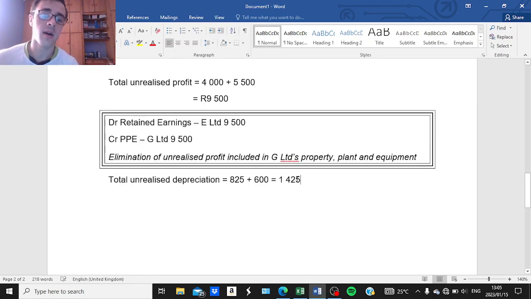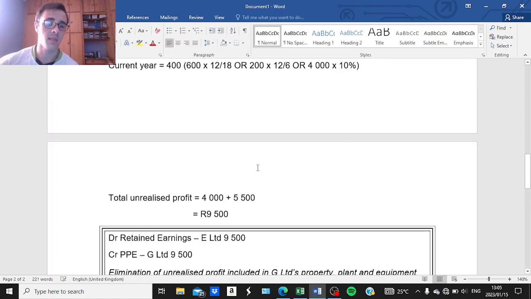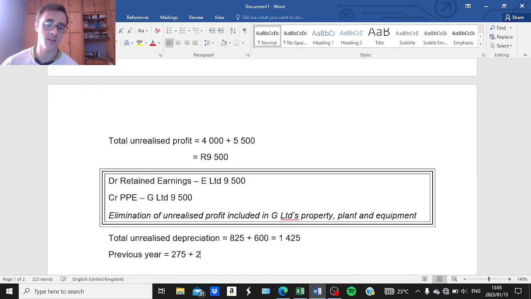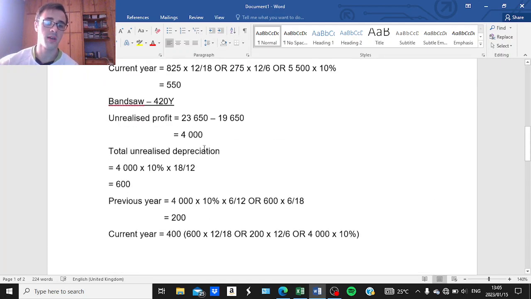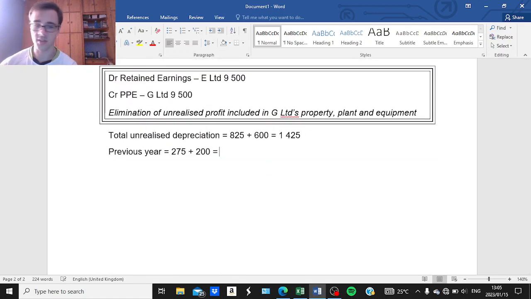Of which the portion relating to the previous year, we have calculated as 275 plus 200 for the bandsaw equipment, so that makes it 475 in total. And for the current year, it will be 550 plus the 400 for the second kind of equipment, which gives you 950.